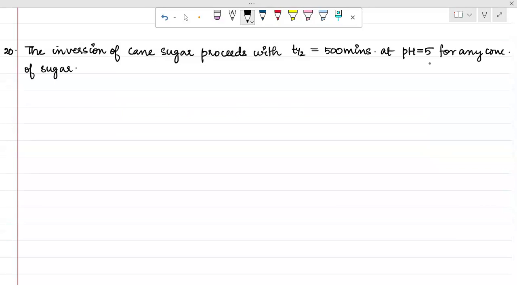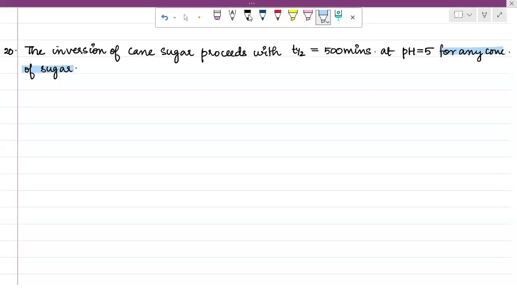So there is an inversion of sugar taking place, which is the process. T half is given as 500 at a pH of 5. And they are saying that for any concentration of sugar. Very important statement. For any concentration of sugar, the T half remains 500. What does that mean? Okay. Think on that. Rest of the question.